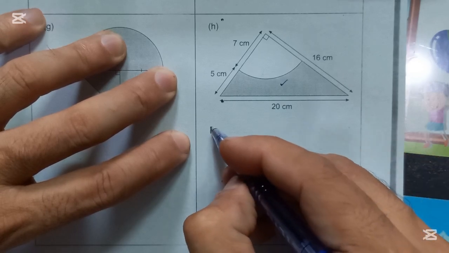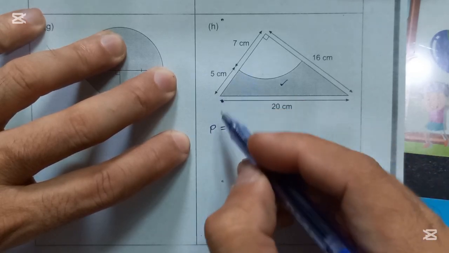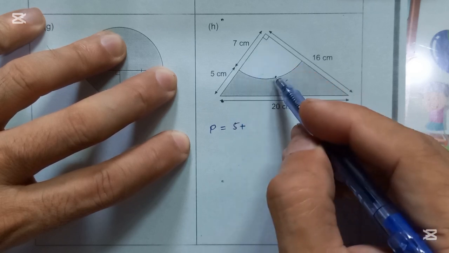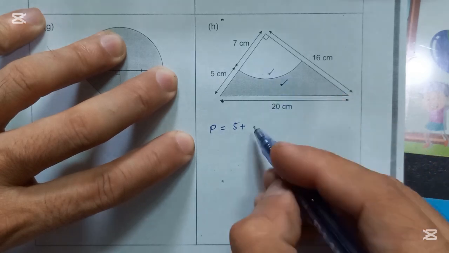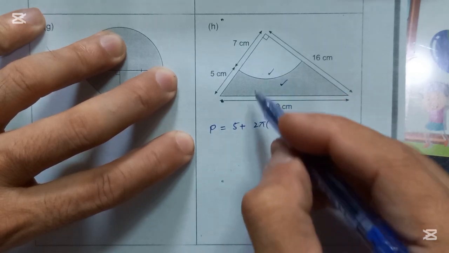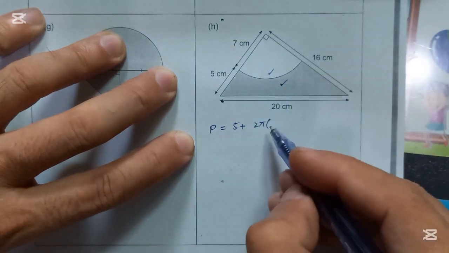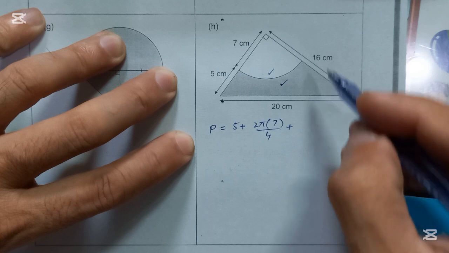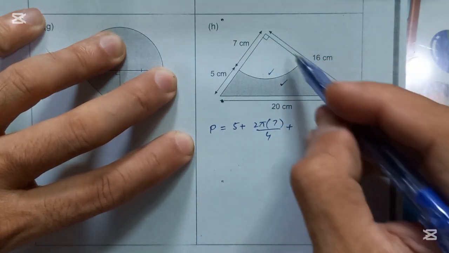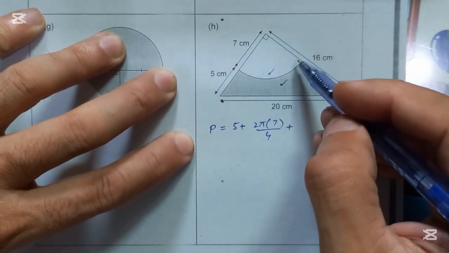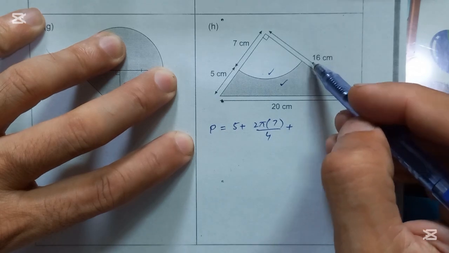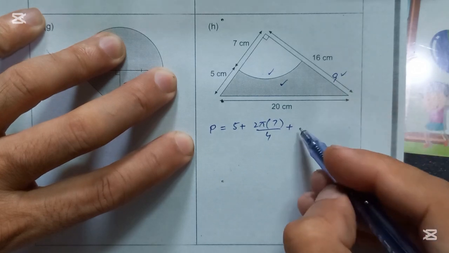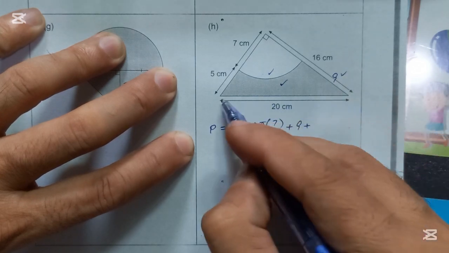So when we are going to find the perimeter, this side, that is 5, plus this curved surface of the quarter will be added, that will be 2 pi r, radius will be 7, and because this is a quarter, divided by 4, plus this total is 16, this is 7, so 16 minus 7 will be 9, this side is 9, plus this 20 will be added.